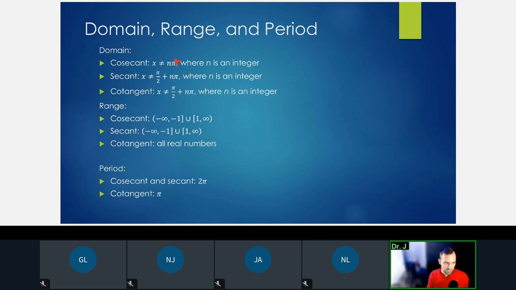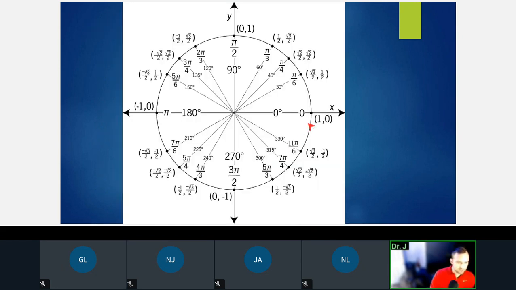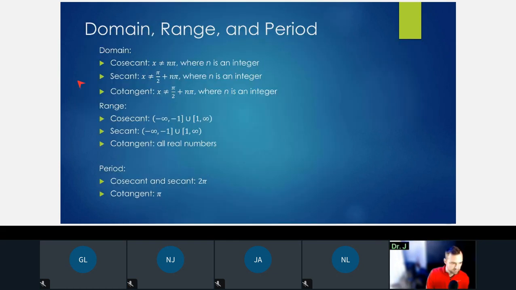So it makes sense that we can't use anything where y is 0. And on the unit circle, y is 0 at 0 and at pi. So starting here and then doing half rotations. And that's why we have the domain being just that. So 0 times pi is 0 radians. 1 times pi is pi radians, and then so forth.